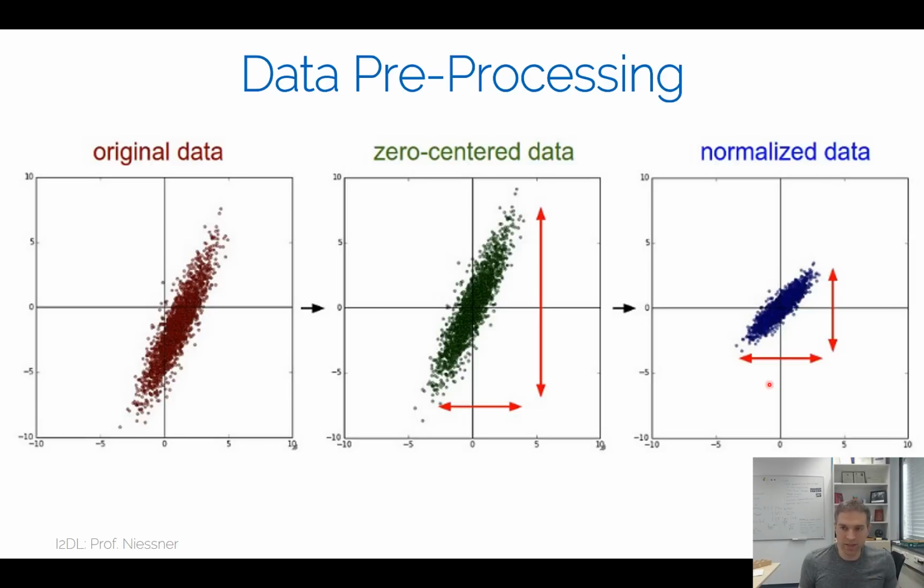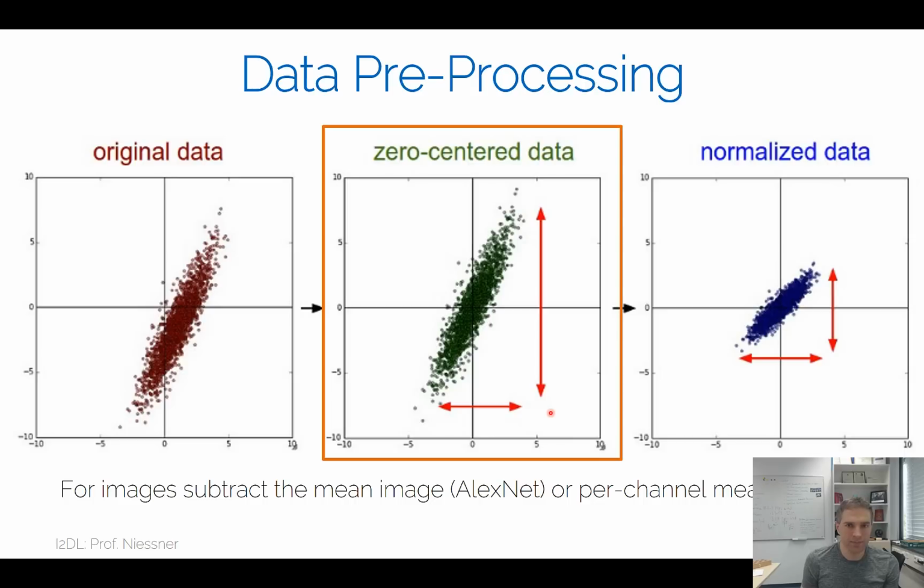You compute variances and divide by them across each dimension of your features, so that you get mean-centered distributions that are uniformly distributed across their dimensions. That's what we want to do here as well. So there are these two parts: the zero centering, which we just talked about, and the normalization afterwards.